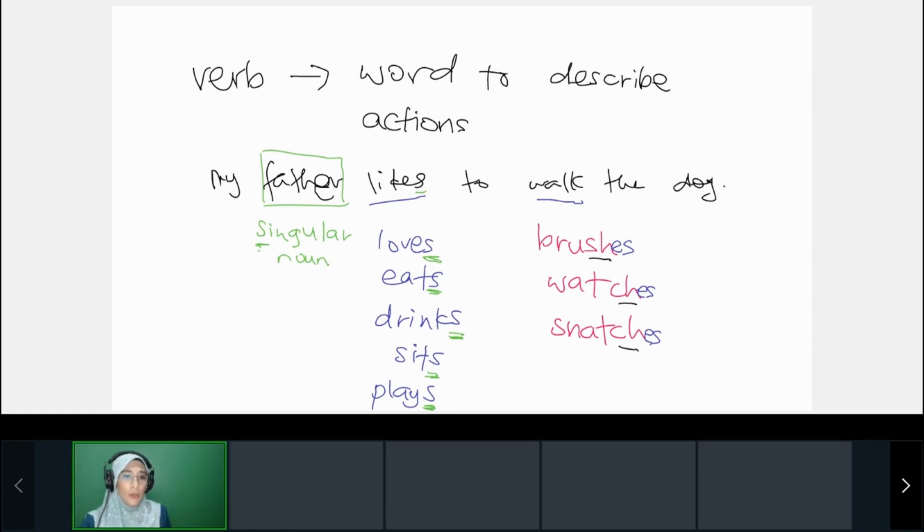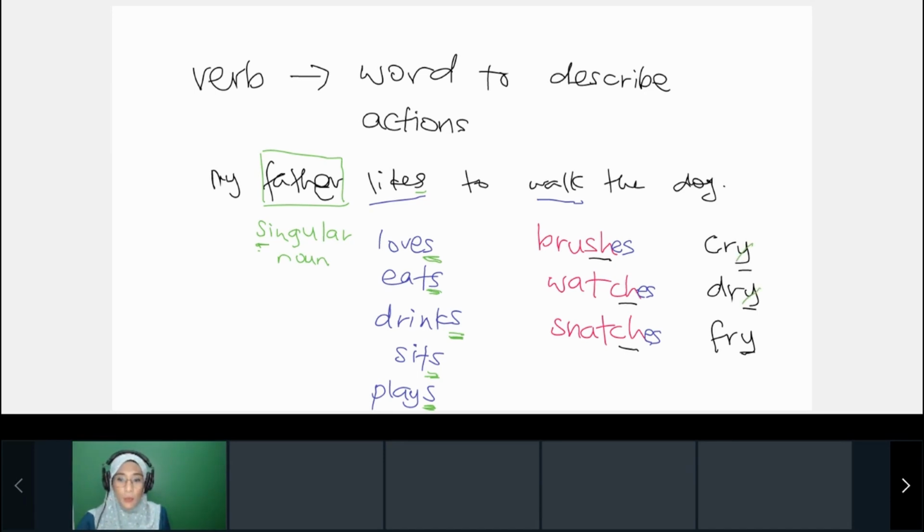But let's say you have some verb that ends with a y, for example cry, dry, fry, right? So if you can see, some of these will change into i.